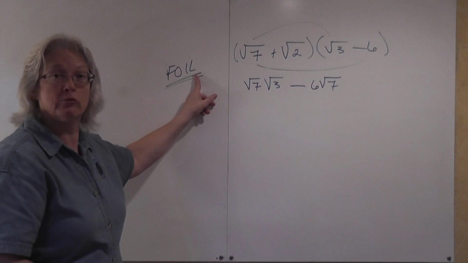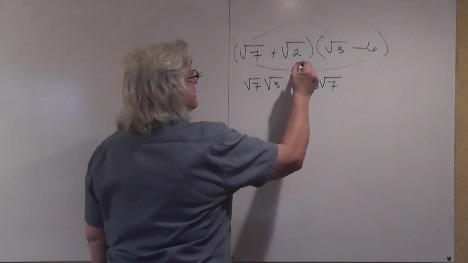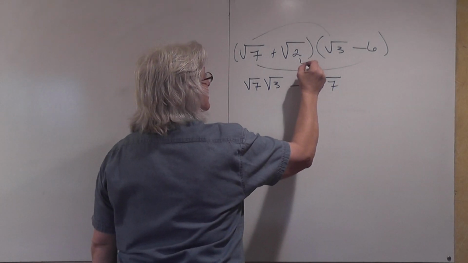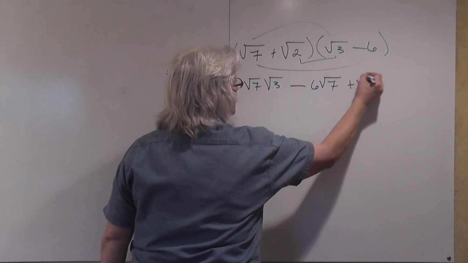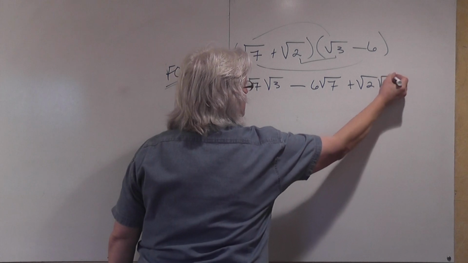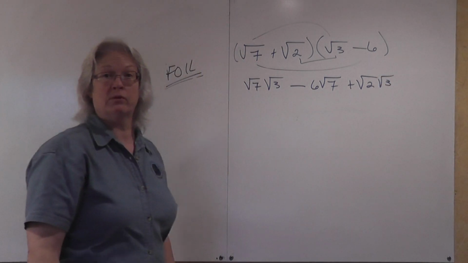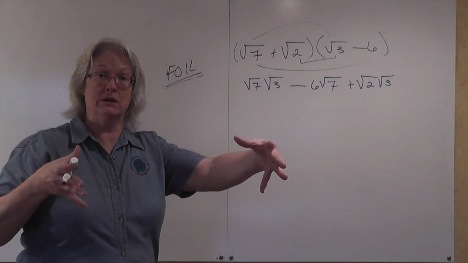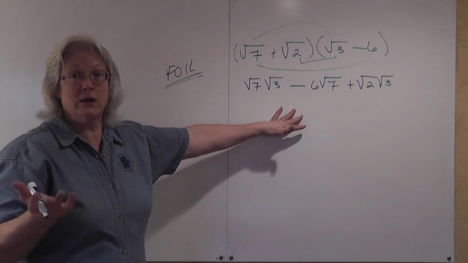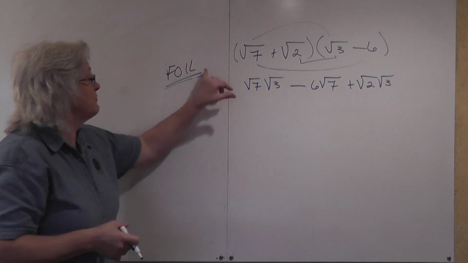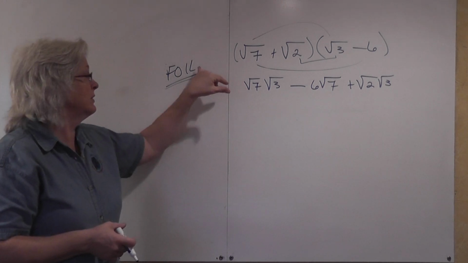The I represents the product of our inner terms, plus the square root of 2 times the square root of 3. And this is starting to look pretty messy, isn't it? It is starting to look messy, but it is what it is. What's our final partial product here?